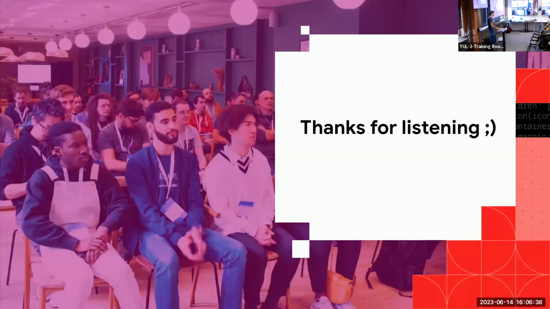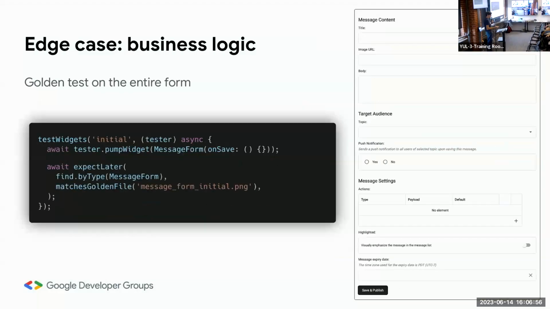So for example, if you have state management, how do you test that? Most of the time, indeed, you don't test the widgets directly. This one, for instance, works on its own. When I said that was the real code, I didn't lie.